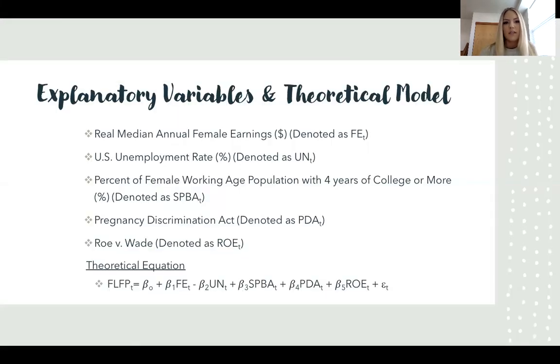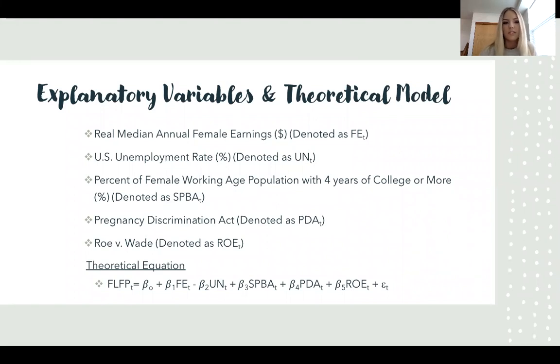So here we have a list of the explanatory variables that I just mentioned and our theoretical model. So we have real median annual female earnings, which is in dollars, and it is denoted as FE. So I will refer to it as that for the rest of the presentation. We also have the US unemployment rate, which is a percentage, and it's denoted as UN. We also have a percent of female working age population with 4 years of college or more.